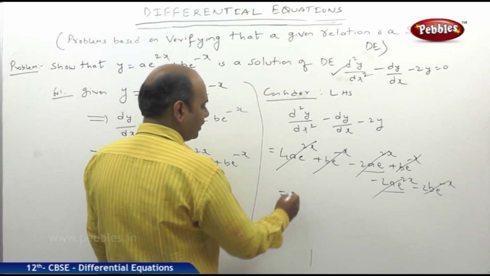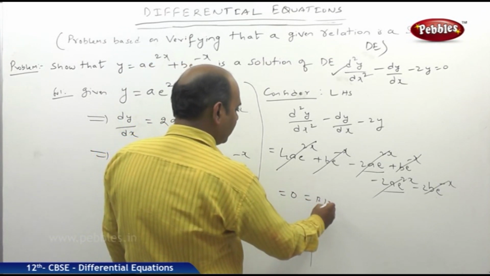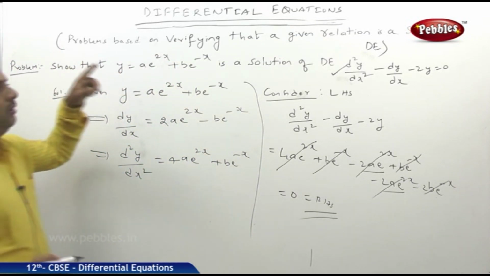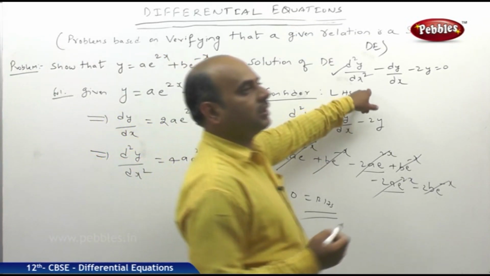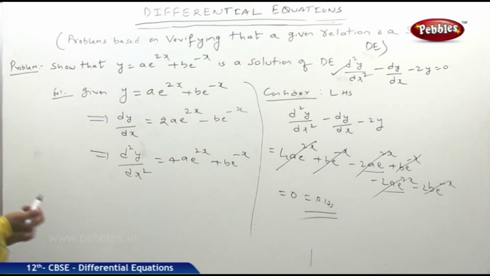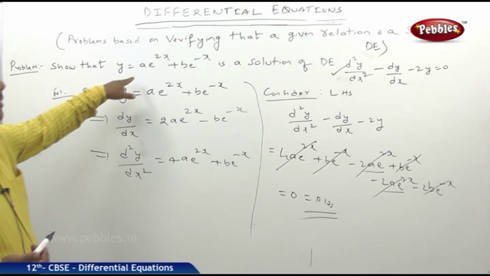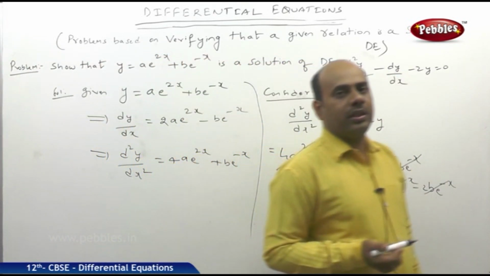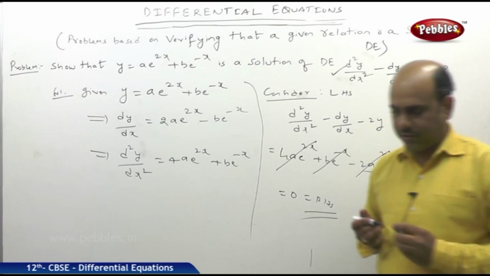So finally our result is 0, which is nothing but the RHS. When this relation is substituted in the given differential equation, we get LHS equal to RHS, so we can call this relation a solution of the given differential equation.